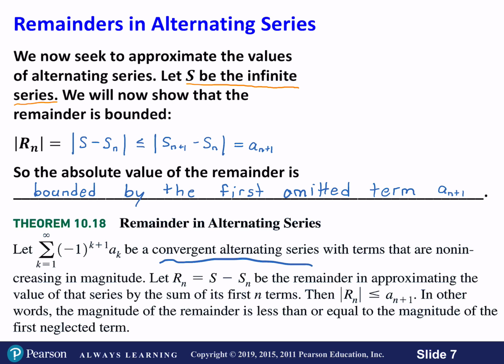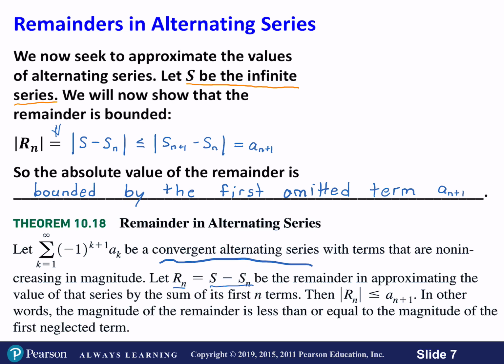The remainder is defined to be S minus Sn. That's why we get this first equality up here. That is the remainder in approximating the value of the series by the sum of the first n terms. Then the absolute value of the remainder is less than or equal to An plus 1.